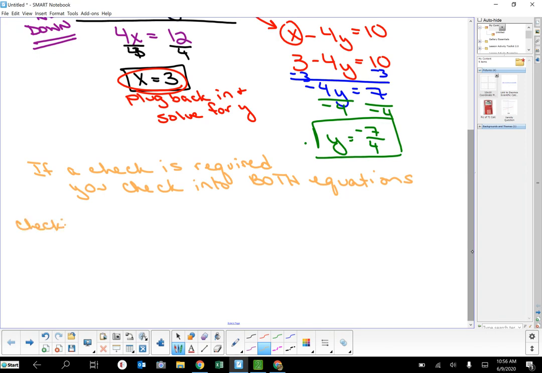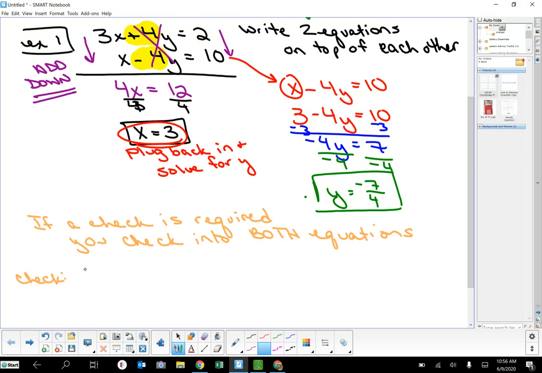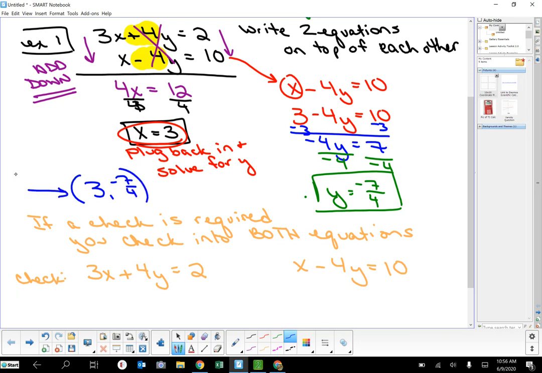When I check them, I'm going to put the equations next to each other just to make this easier. And then I have x minus 4y equals 10. Also, you're supposed to write your answer as an ordered pair, right? So our answer here is 3, negative 7/4. This is what I'm going to plug in.